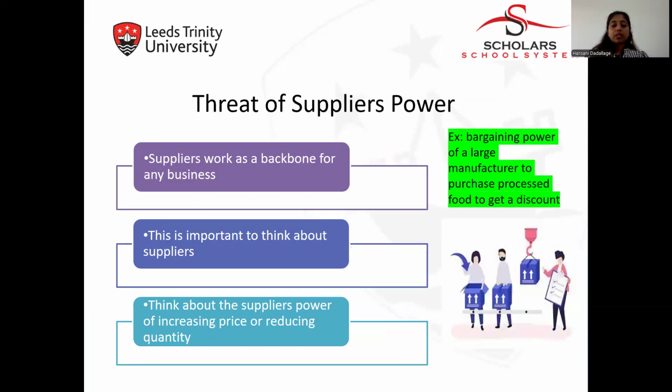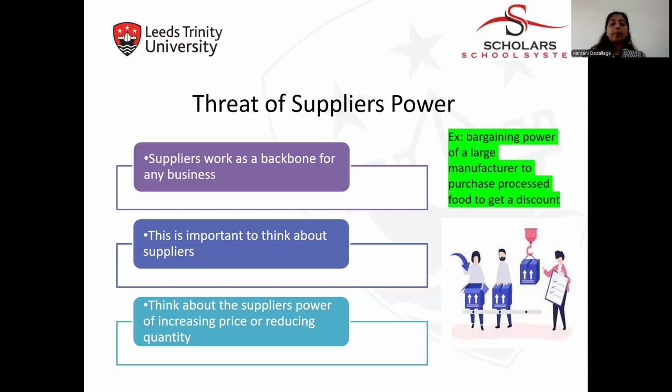And the final force is threat of supplier power. Suppliers are very crucial and they work as a backbone for any business, and therefore it is important to think about the power of suppliers. Think about the suppliers' power of increasing price or reducing quantity. If the suppliers have high power, they can increase the prices, which is not good for your business.